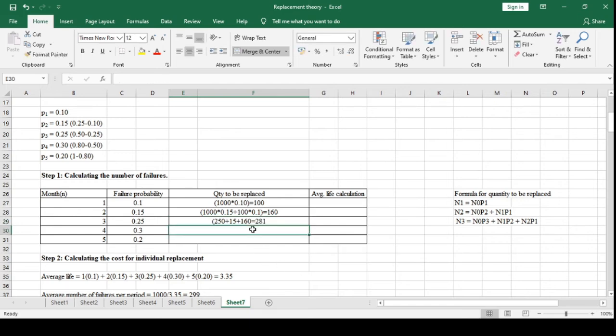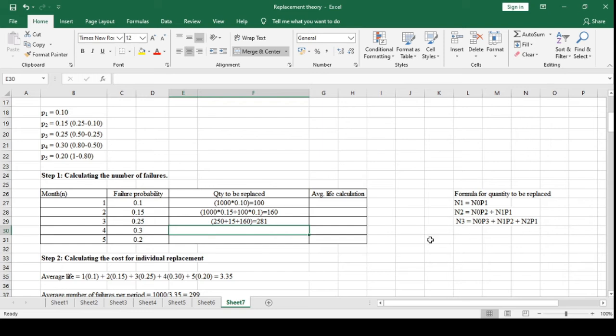Now from here you can see that the formula is following a particular pattern. For each and every month, the value of n will be in ascending order, that is N0, N1, N2, then for the fourth month N3, N4. At the same time the probability is in descending order, that is P3, P2, P1.